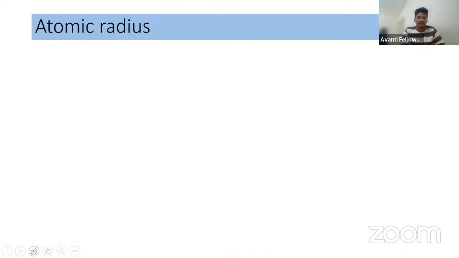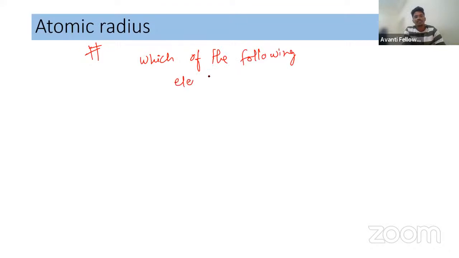Just remember very clearly. In your examination, they will ask which of the following element compounds are possible. Let me give the examples.